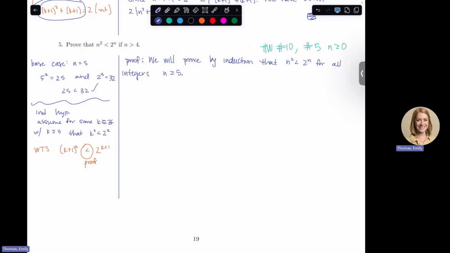All right. For the base case, consider n equal to 5. Notice 5 squared is 25, and 2 to the 5th is 32. Clearly, 25 is less than 32, so the base case holds.